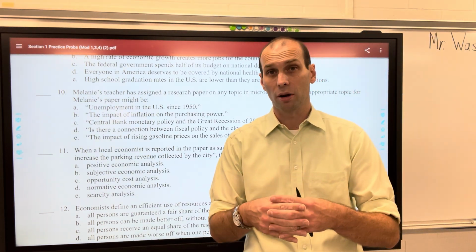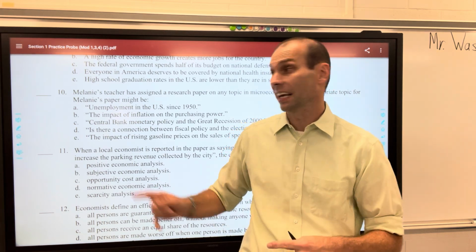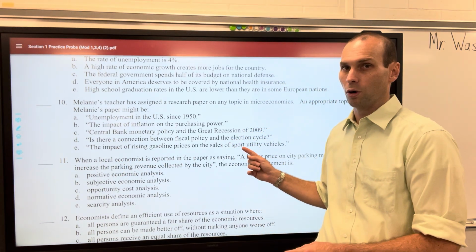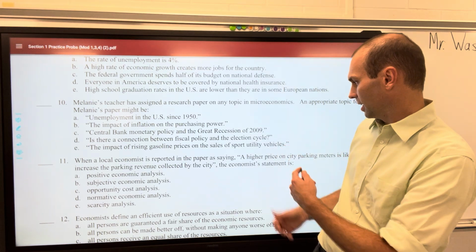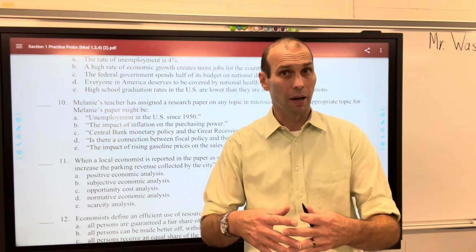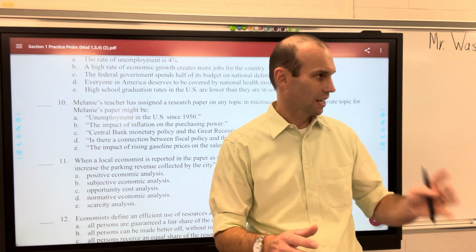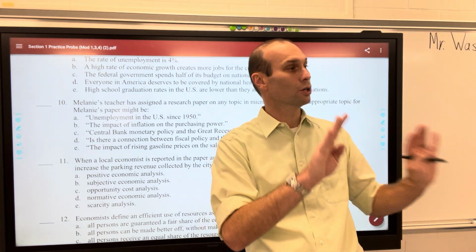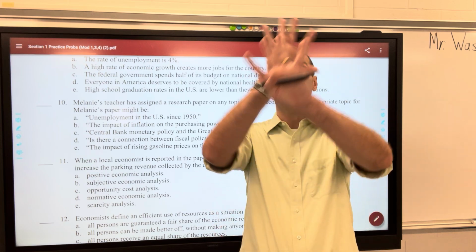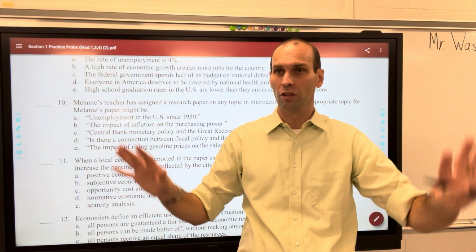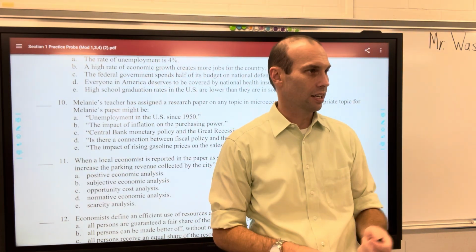Micro talks about markets, and that's a market for a single good like gasoline, or the market for a single good like sport utility vehicles. That's micro. Does that make sense, everyone? So micro is a single type of good, or maybe two goods relating to each other. Macro is all the goods and services, all the labor, all the price levels in an economy.